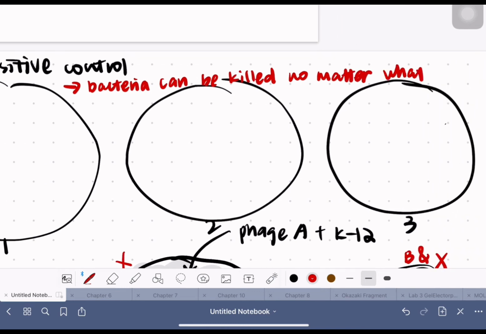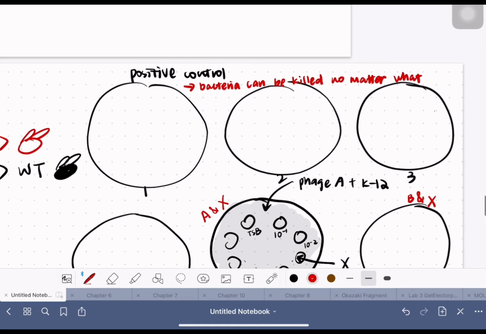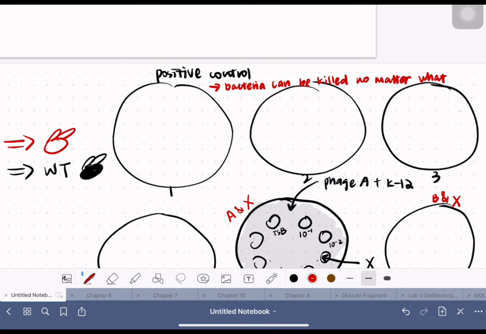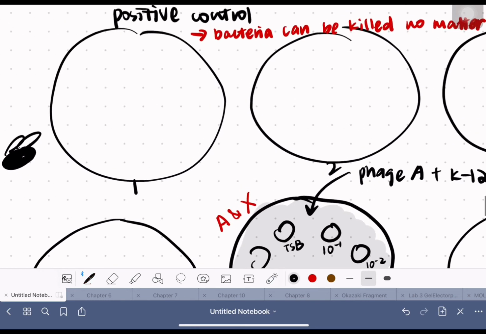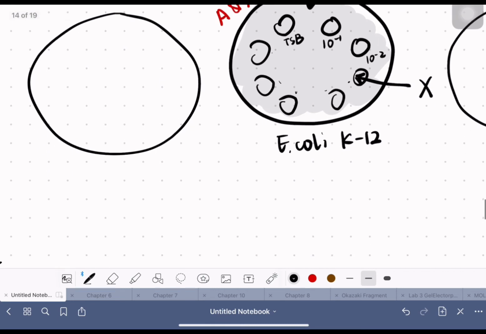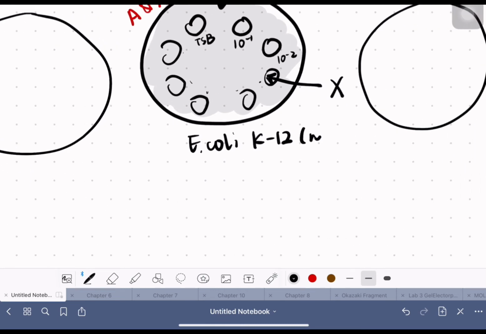As you know, either mutation can destroy the ability of phage killing bacteria. So what if we use a different bacteria that can be dead even if the phage has a mutation? For these 3 plates, we'll be using the bacteria called E. coli B, and it is a permissive host. And E. coli K12 right here is a restrictive host, just to clear up the terminologies.